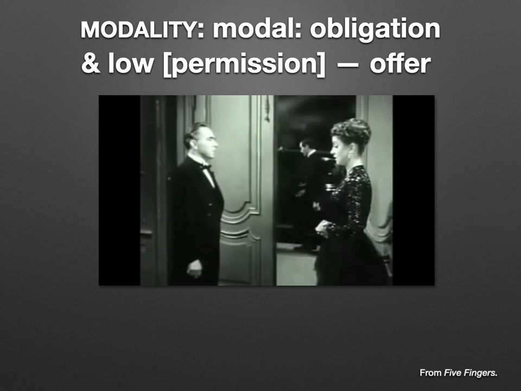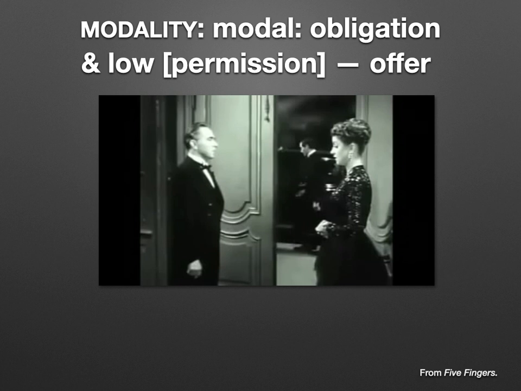And that's illustrated from this passage from the film Five Fingers. And here the actress to the right is Danielle Darrieux. She plays a countess who's lost all her property, but she's still a countess. And here she gives permission to one of the servants.